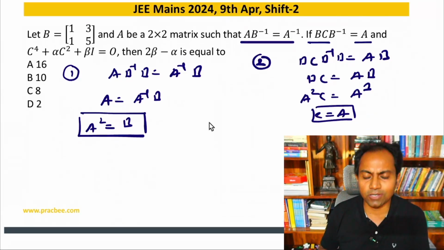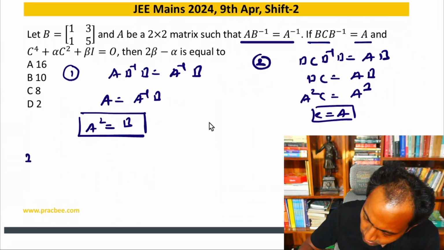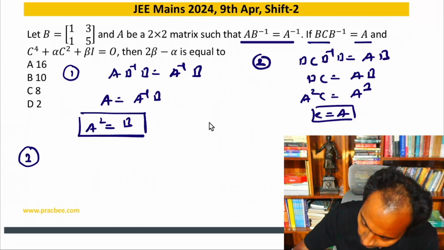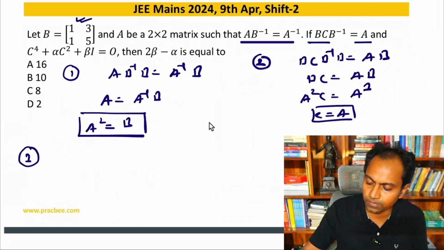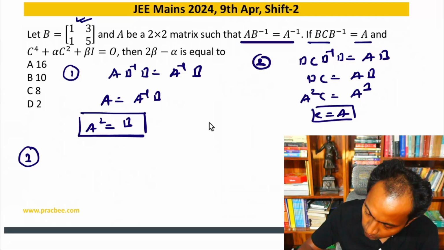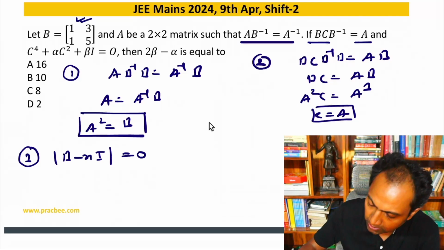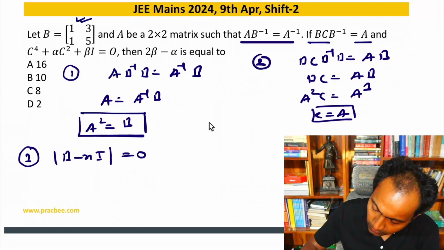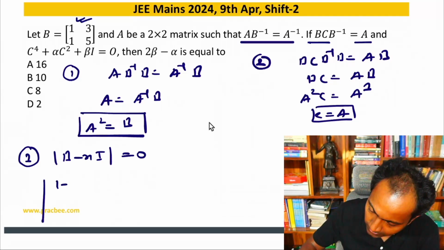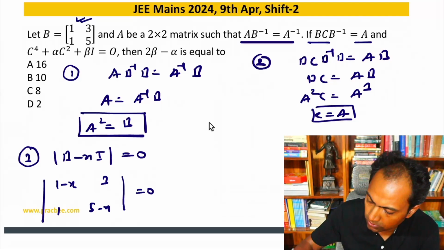Once we have figured this out, our life has become slightly simple, because third, we are going to find the Cayley-Hamilton equation for B. For doing this, we will have to first write the characteristic equation. So this is what the characteristic equation will look like. So this determinant, 1 minus x, 3, 1, 5 minus x, is equal to 0.